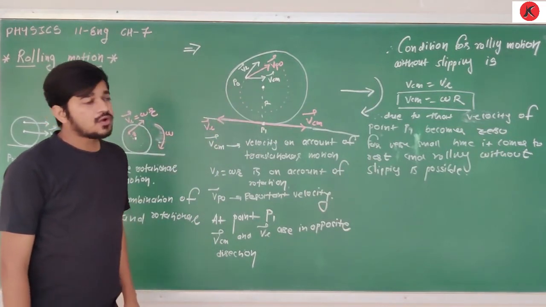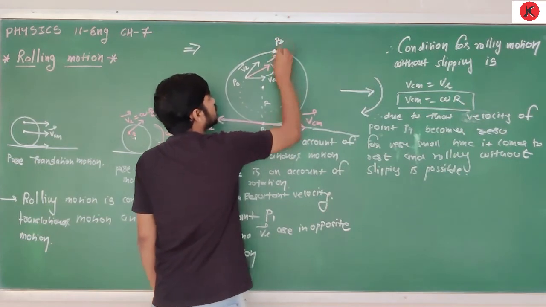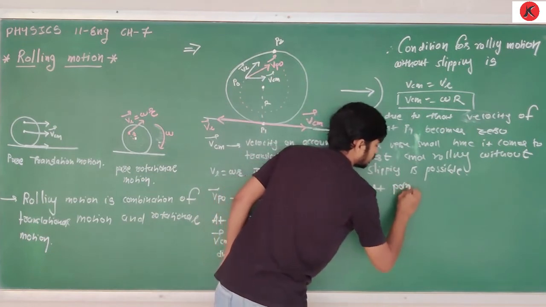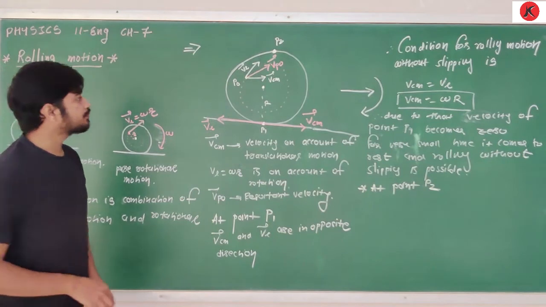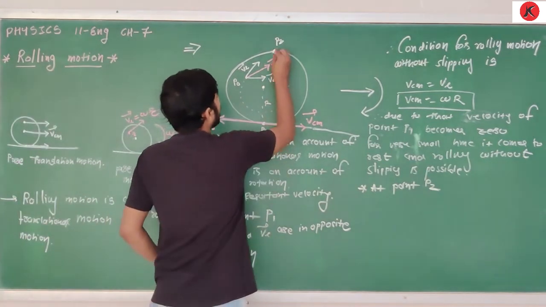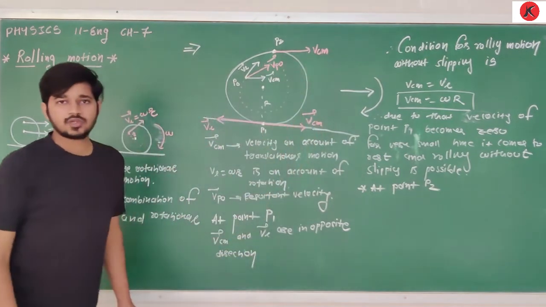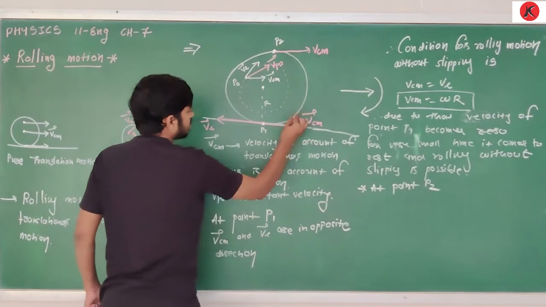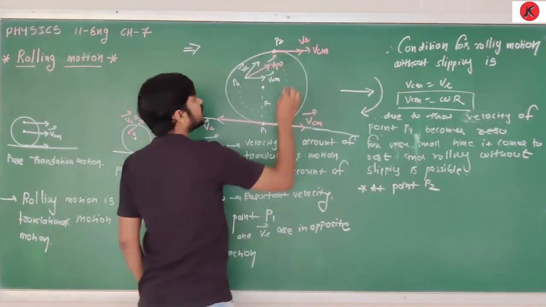What is the condition? For example, take another point, P2. At point P2, due to translational motion, V center of mass is in this direction. The object is performing rolling motion in this direction, so VL is also in this direction.